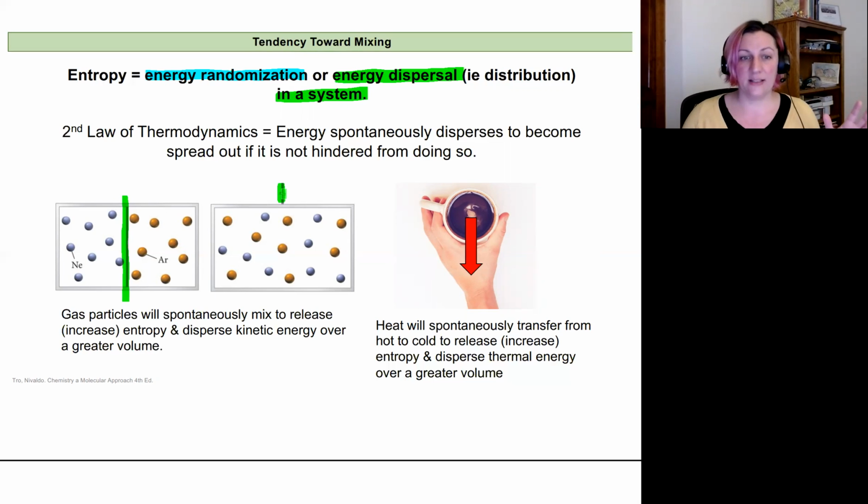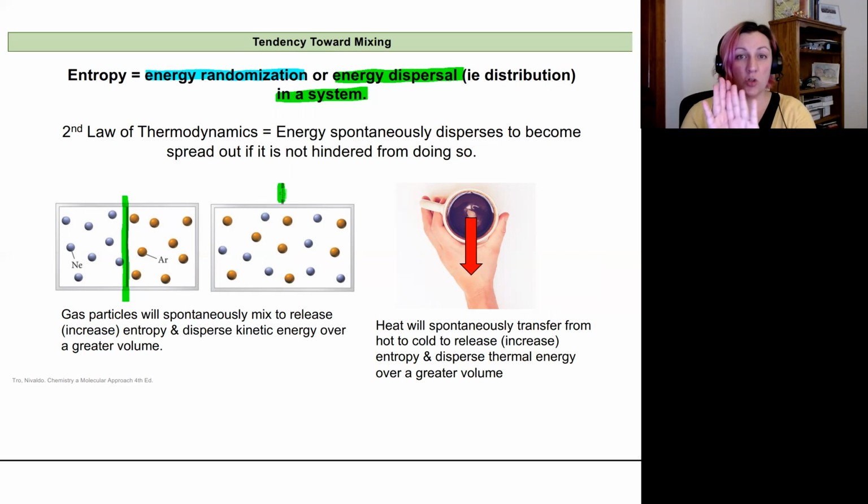If we remove this barrier and we allow these to mix, we'll see that the gases, rather than stay on their separate sides of the container, will move to fill the entire container. That gas will occupy all of the volume that it is allowed to occupy, that it's not prevented from filling. And so that distribution of particles goes from half of the box to the entire box.